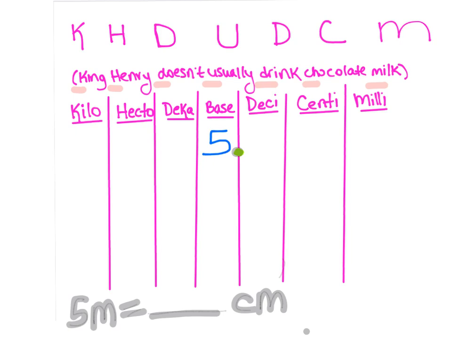Then the next unit would be decimeters, and then centimeters. So the decimal point goes to the line in between centimeter and millimeter on the chart. I have 2 empty spaces, so those become 0. So the answer becomes 500 centimeters. So 5 meters equals 500 centimeters.